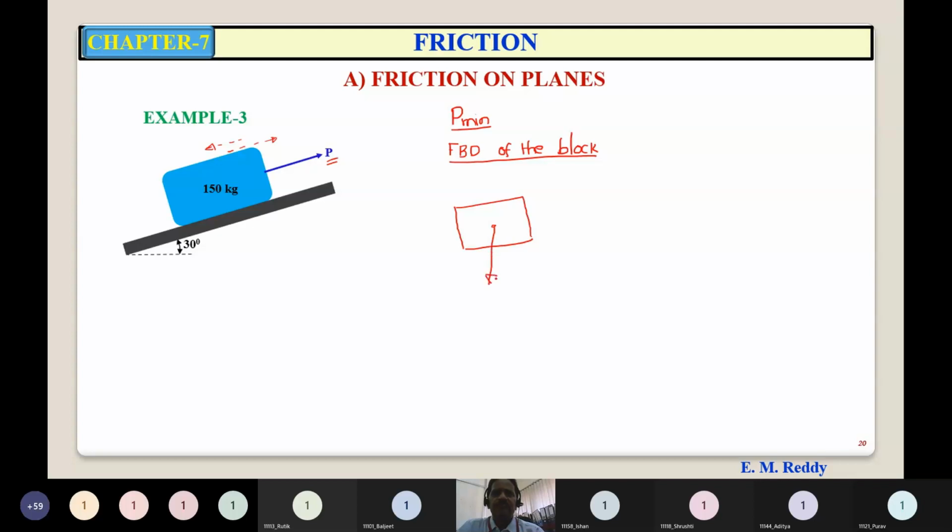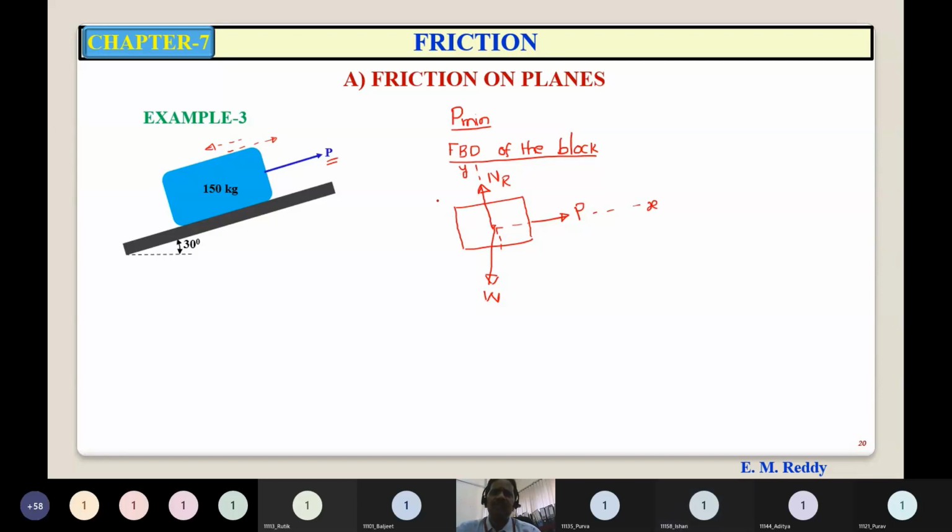Weight of the block, say W. Normal reaction, and the applied force P. So we are taking the x-axis along the plane and the y-axis perpendicular to the plane.